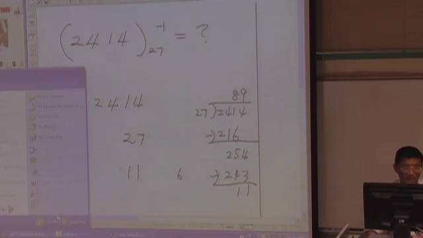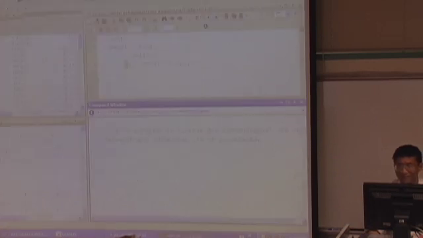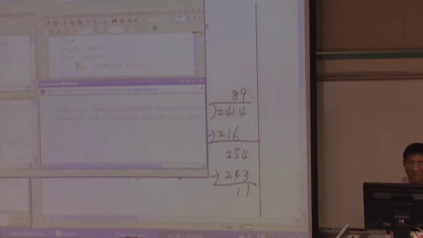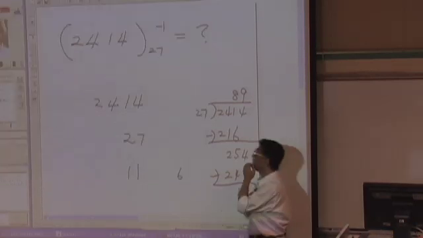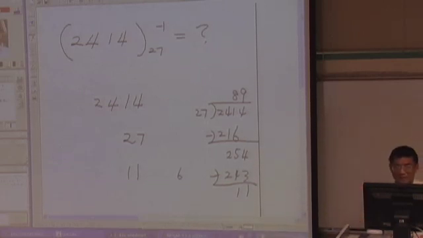To confirm that I didn't make any mistake, I will calculate 2414 mod 27, then it should be 11. Right? 11 is correct. Any questions? So as you can see, 11 is found.